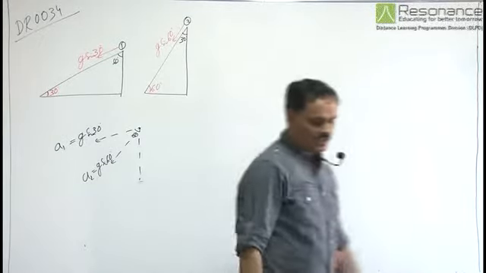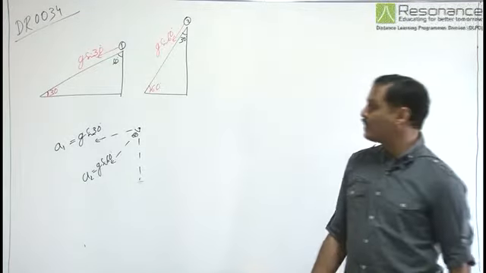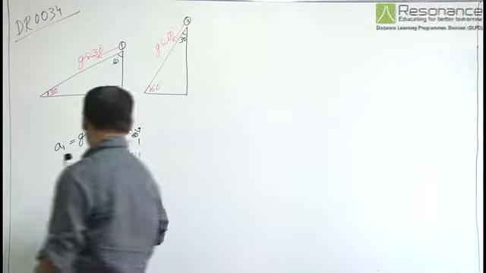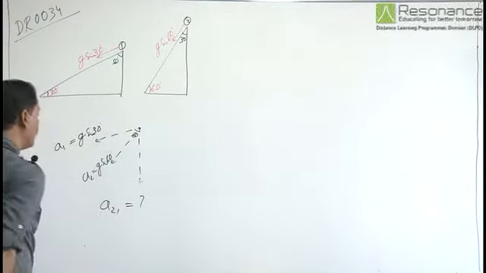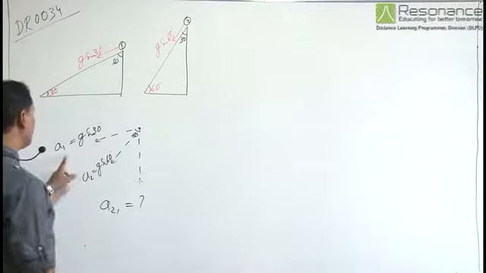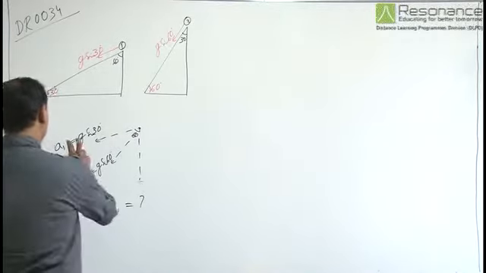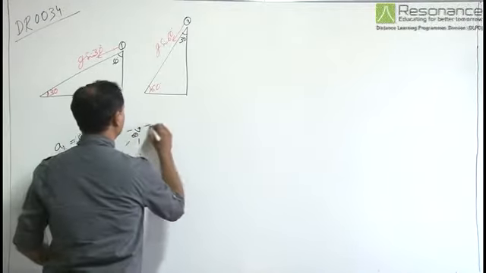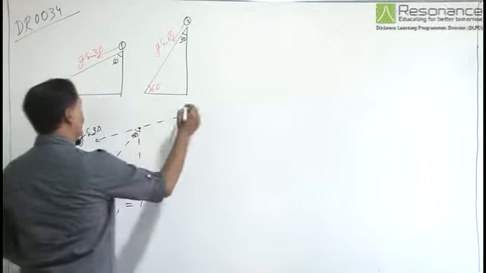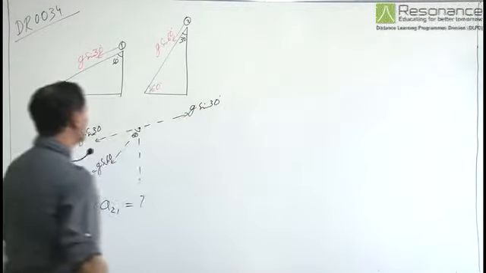Now the question says that we need to find the relative acceleration of the second with respect to the first, that is, the acceleration of 2 with respect to 1. To obtain the acceleration of 2 with respect to 1, let us stop 1 first. So we take g sine 30 in the opposite direction.